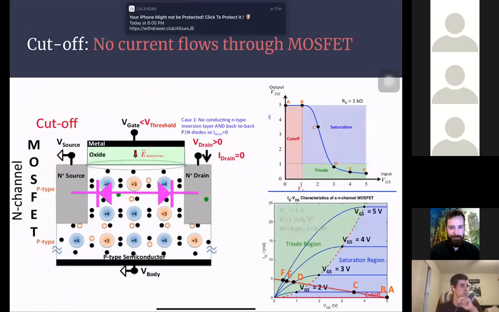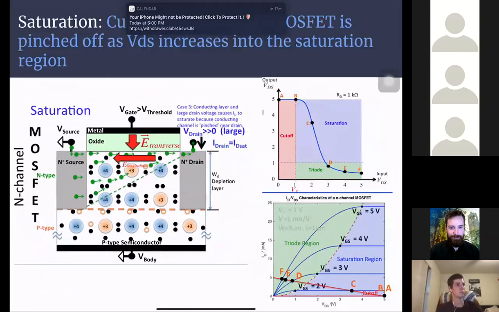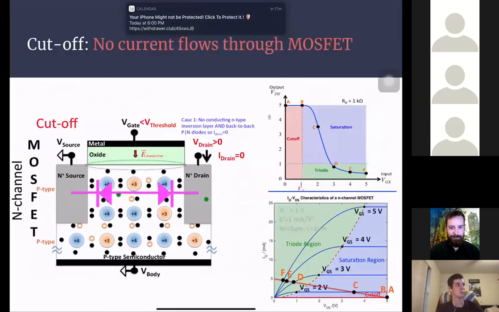Now, cutoff. These 3 diagrams show you the different voltage configurations we use to achieve the 3 different states which we need. In the cutoff region, the voltage in the gate is below a certain voltage, but the drain is positive. Current is 0, because if you don't achieve the threshold voltage, the channel that I mentioned earlier doesn't open up.